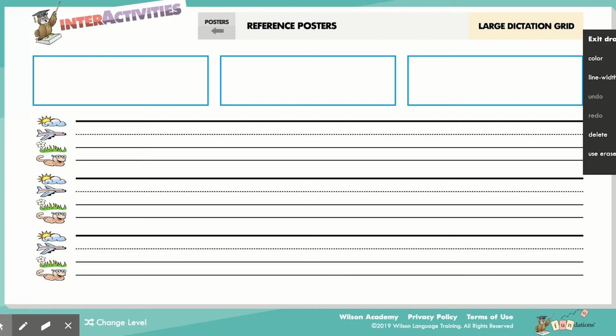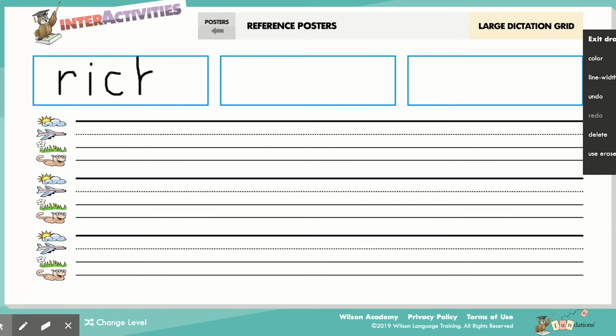So go ahead and flip your dry erase board to the other side, and we are going to write the sentence now. On the other side of your board, you will notice 3 boxes. I'm going to put the word rich in the first box because that is the word of the day, and we are going to add that into our sentence. So remember the sentence.